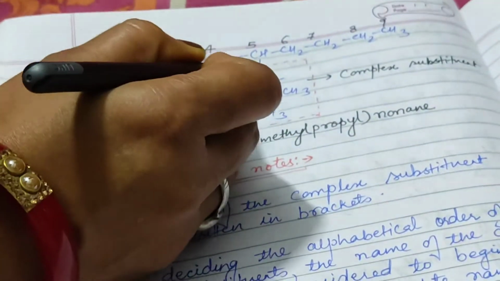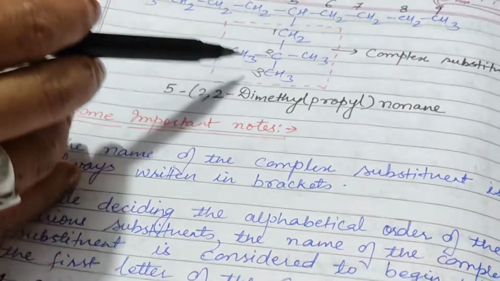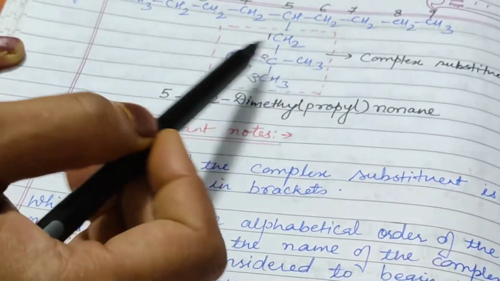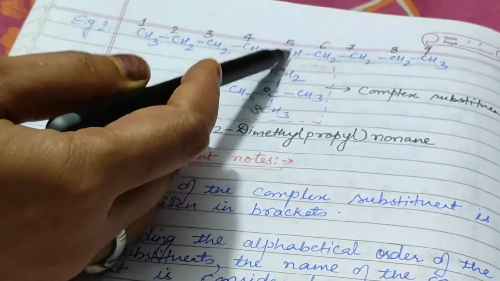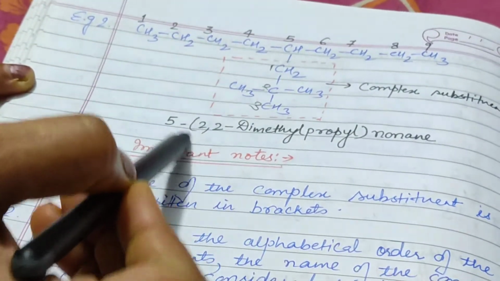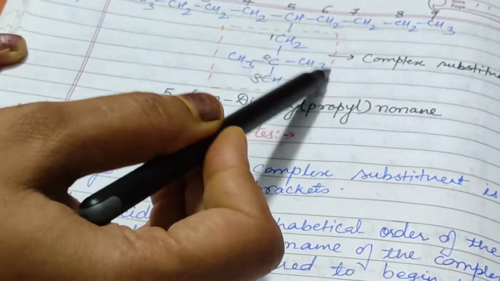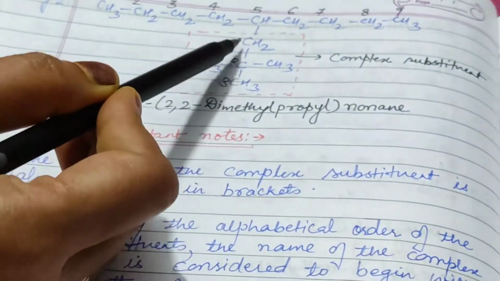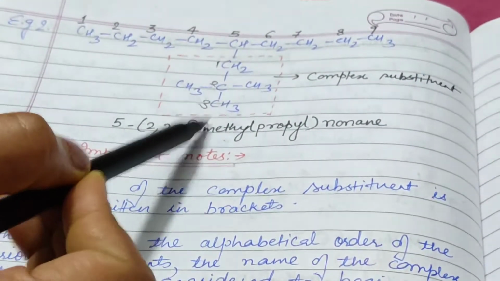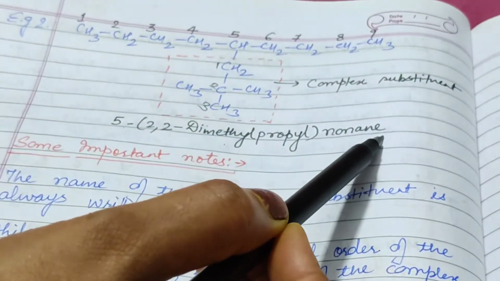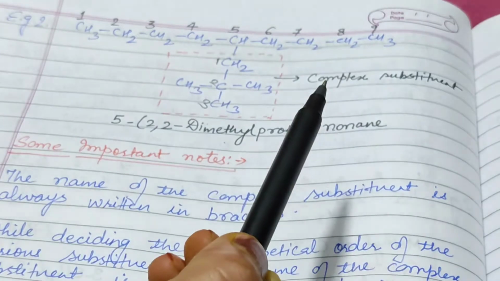So the numbering will be 1, 2 and 3. At second position 2 methyl groups are attached, so the name will be 5 hyphen bracket 2,2 hyphen dimethylpropyl. Why propyl? Because 3 carbon atoms are there. Again you close the bracket, then write the word root, that is nonane. I hope you have understood it better.